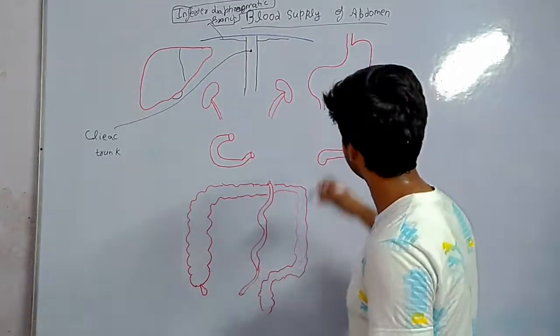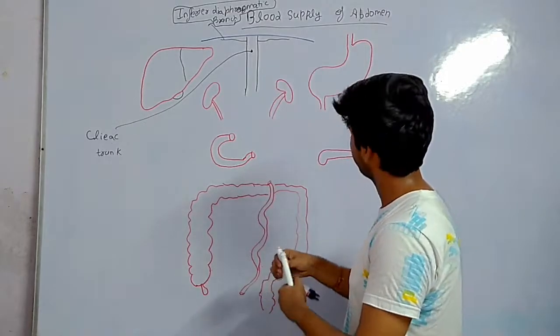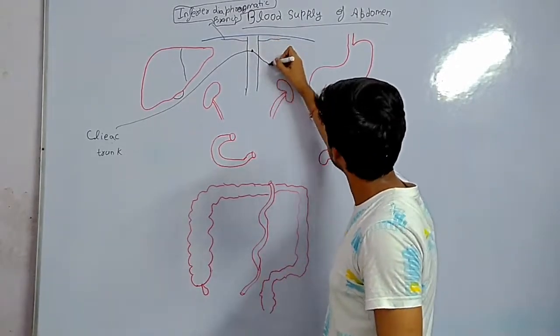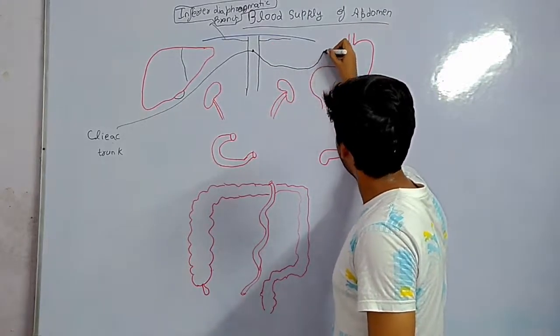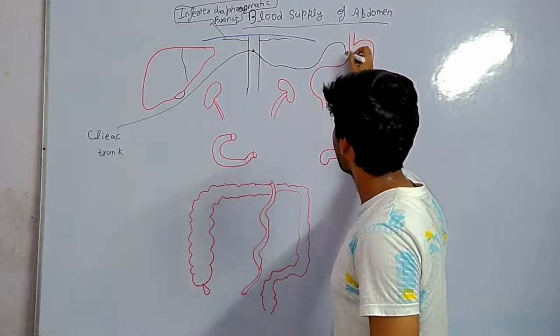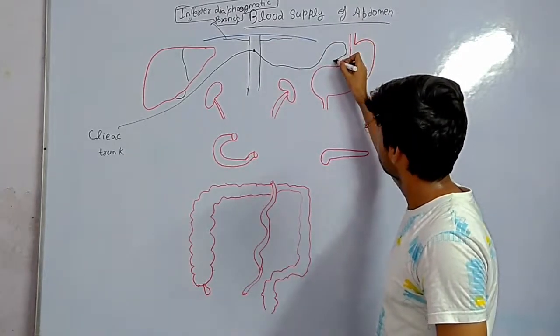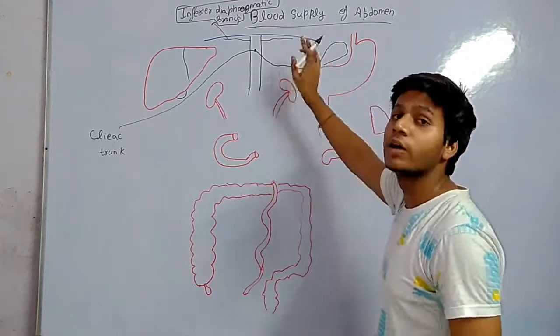The first branch it gives supplies the stomach. This is the lesser curvature of the stomach, like this. This is called the left gastric artery.